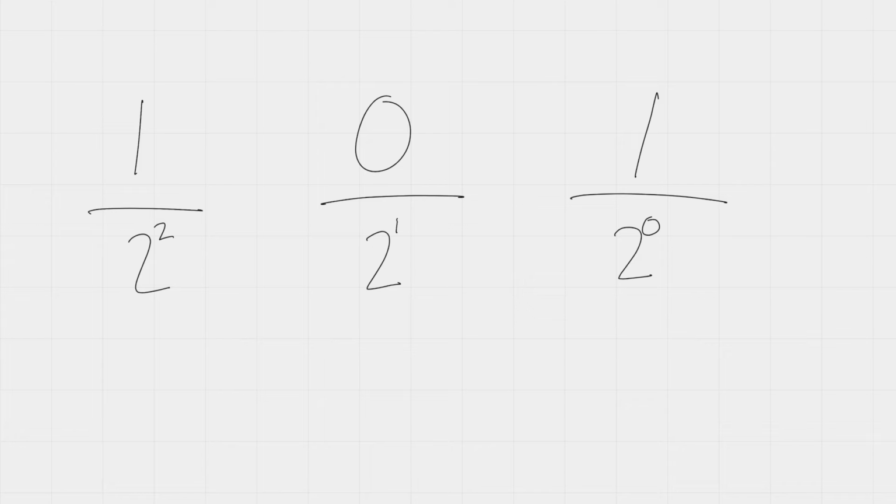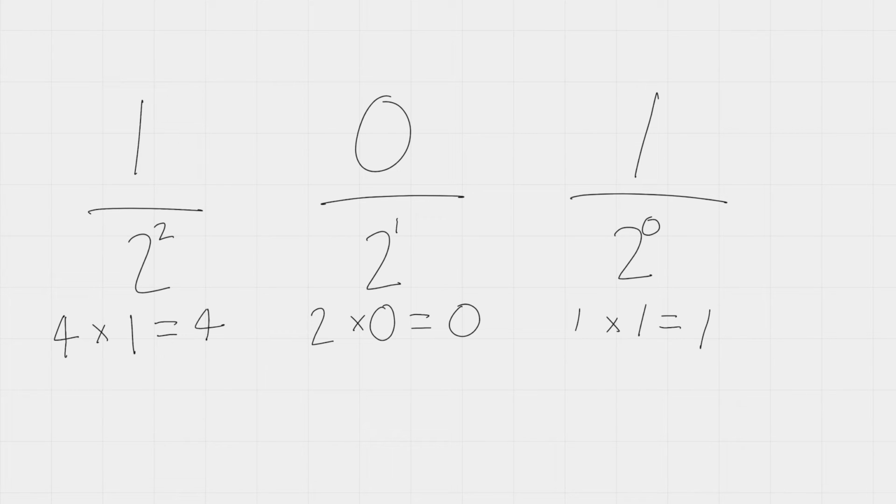So right here we're going to do 2 to the 0, which is 1, times 1 is equal to 1. And then 2 to the 1, which is 2, times 0 is equal to 0. And then we have 2 to the power of 2, which is 4, times 1 is equal to 4.